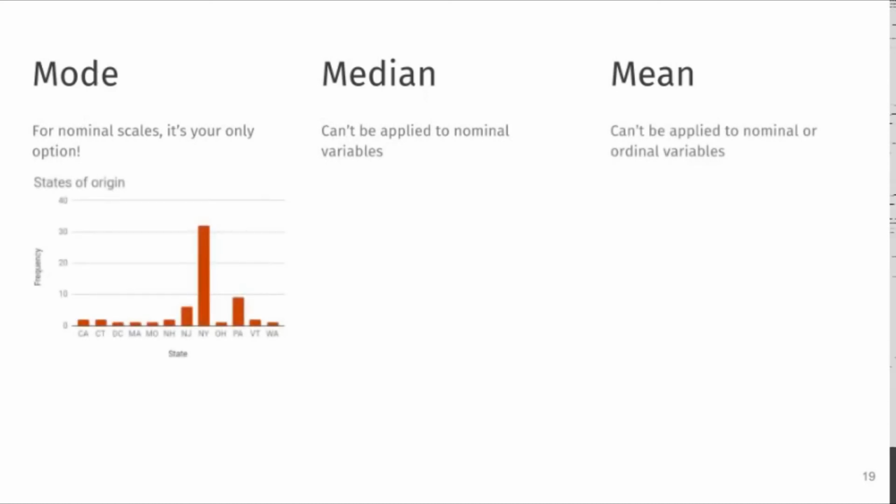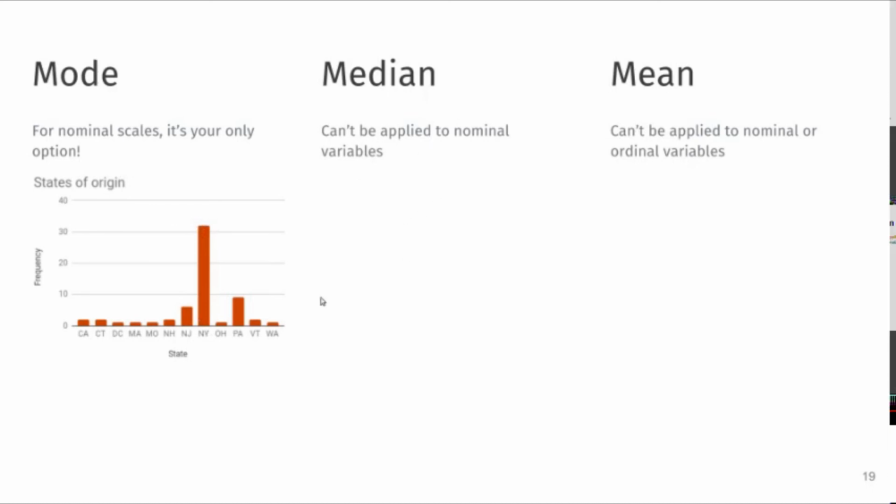talking about the hard rules, well, the mode works if you've got nominal scale data. For instance, if we remember these, this is the states of origin for all the 60 finishers of the 2015 Virtual Crest 50-mile course. And this is a nominal scale variable. The only thing you can do with this is find the mode, which in this case is New York.